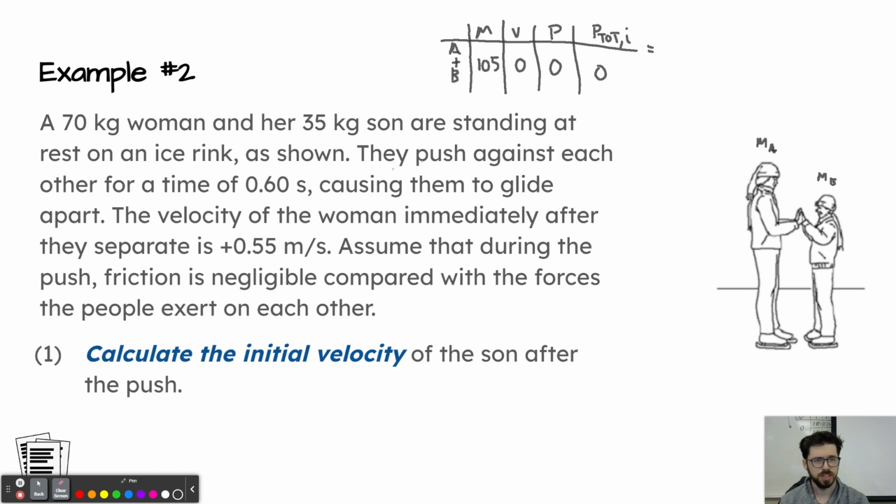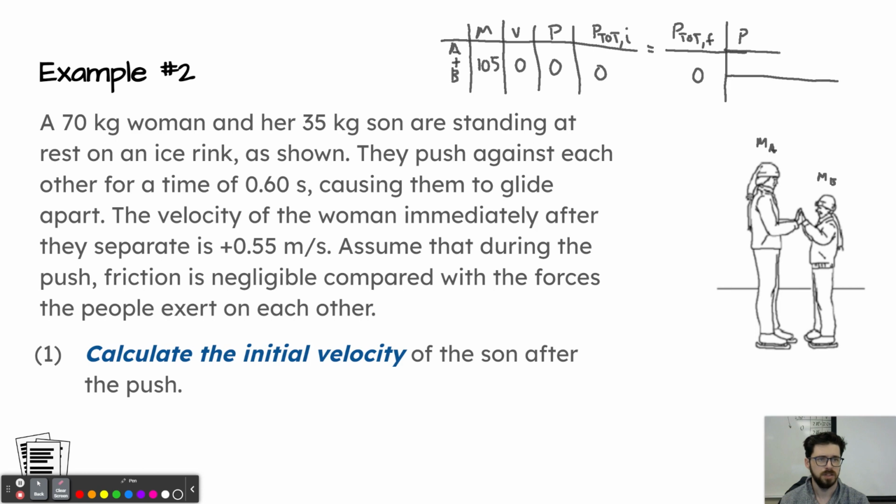Okay, so let's go ahead and do the reverse and see what happens when they push off of each other. So P total. Okay. So we have 0 again. Now, they're going to be separate since they're pushing off of each other.